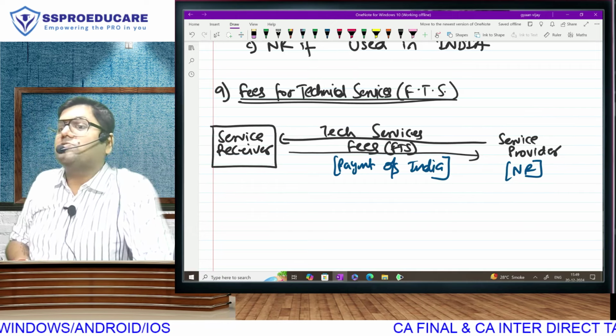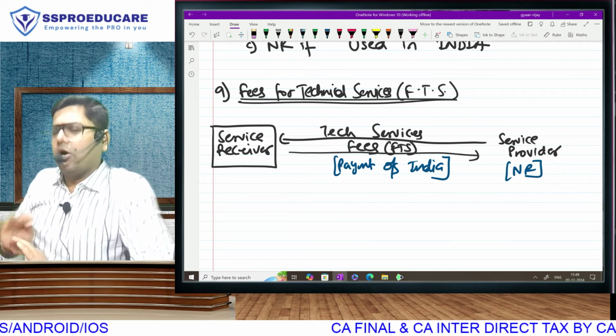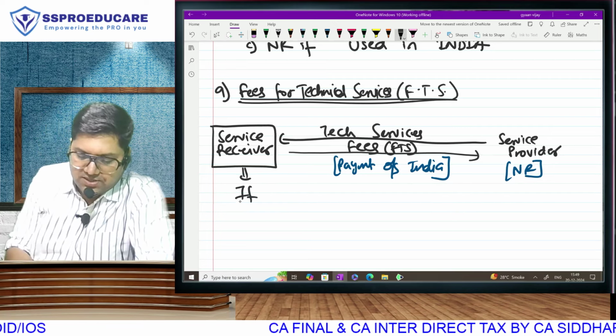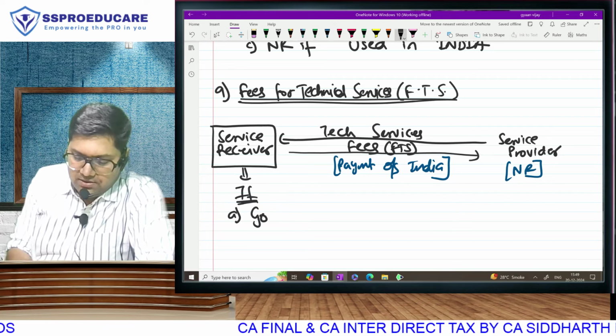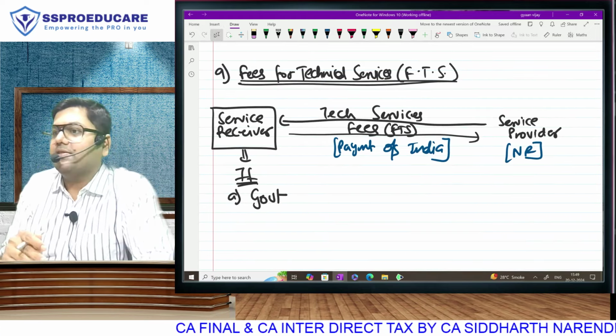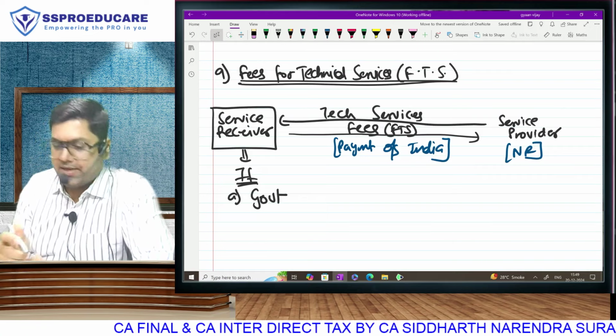But if this person has used my services outside India, then it will be considered as not Indian income. Correct? So, once again, if this person is government, whether mentioned or not mentioned, it is taken for granted that the services are used in India, therefore deemed to be Indian income, it will be taxable.